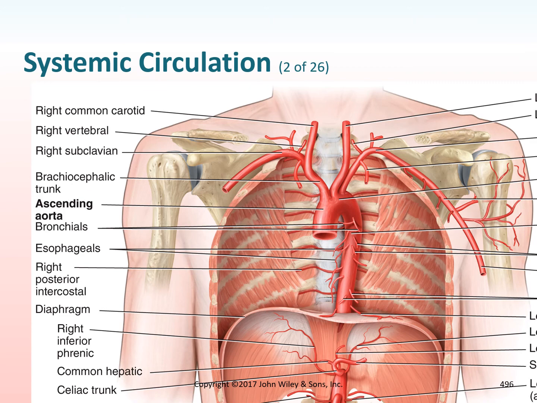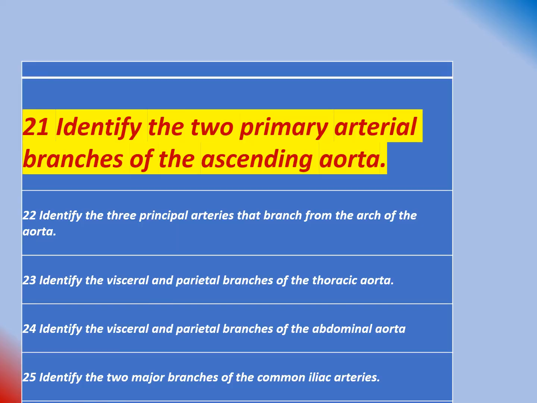From the ascending aorta come the two coronary arteries, the left coronary artery and the right coronary artery. From the arch of the aorta comes the brachiocephalic trunk, as well as the left common carotid artery and the left subclavian artery.